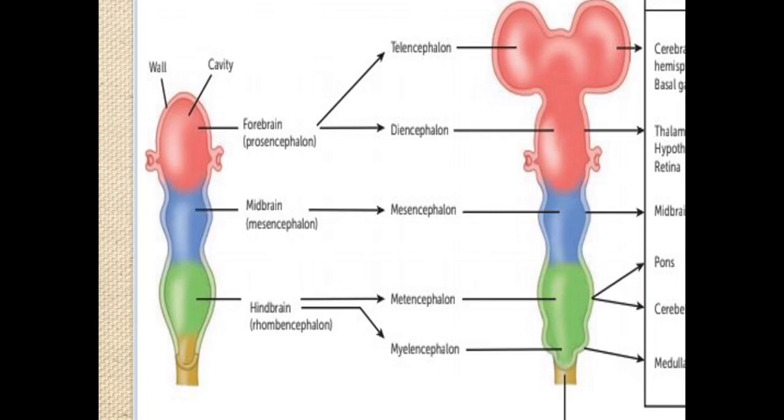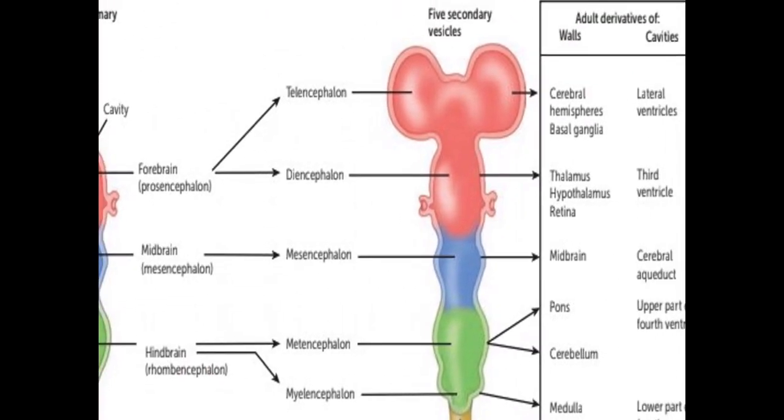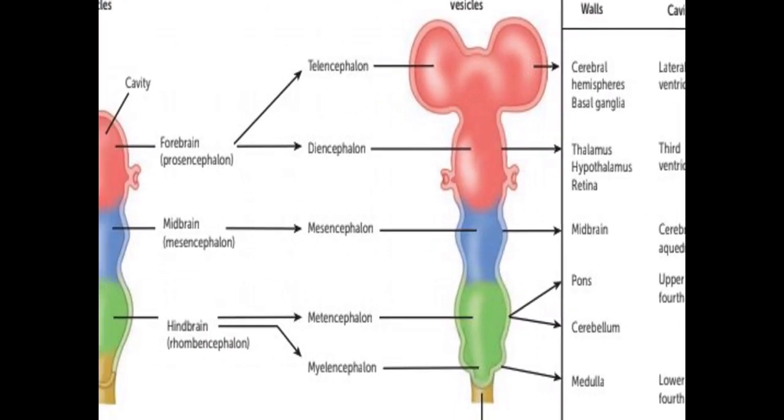The red one is the forebrain or prosencephalon, the blue one is the midbrain, the mesencephalon, and this one is the hindbrain or rhombencephalon. They will give rise to 5 secondary vesicles. Prosencephalon will form 2 secondary vesicles, telencephalon and diencephalon. Mesencephalon, the primary vesicle, will stay single, the mesencephalon secondary vesicle.